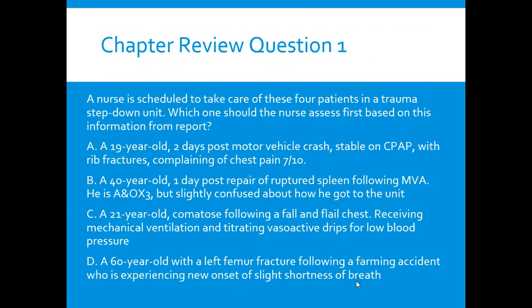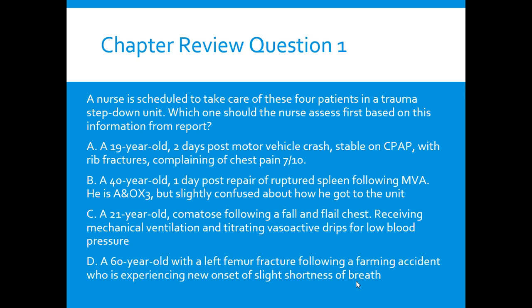Okay, chapter review question 1. A nurse is scheduled to take care of these 4 patients in a trauma step-down unit. Which one should the nurse assess first based on this information from report? A 19-year-old, 2 days post motor vehicle crash, stable on CPAP with rib fractures, complaining of chest pain, 7 out of 10.